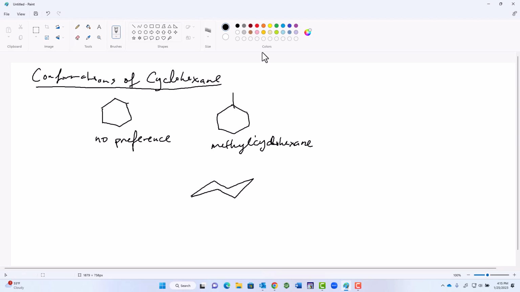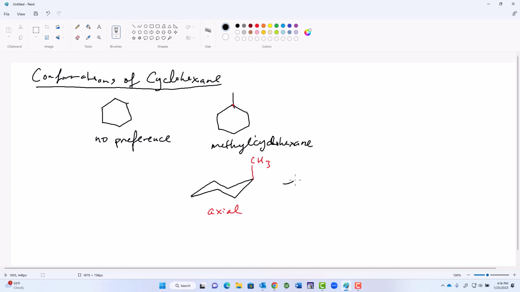Say I take that methyl group and put it pointing up. It's on carbon one. I haven't indicated whether it's up or down, so I'm just going to assume that it's pointing up. Since this is not a stereocenter, as we'll see in chapter 4, it doesn't matter whether I put this up or down to start because it'll be the same. So I've started by putting the CH3 group axial.